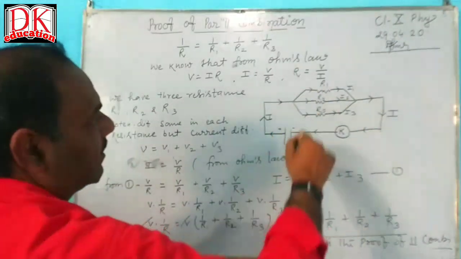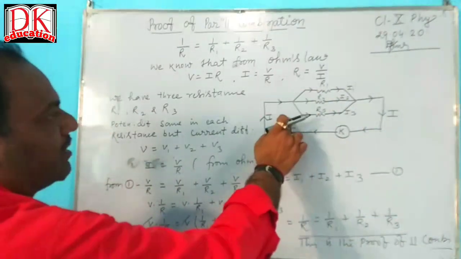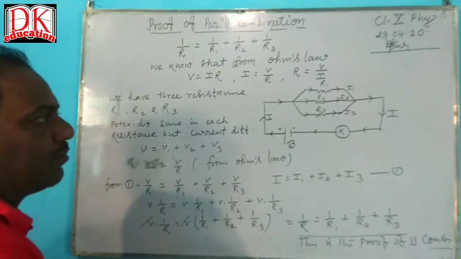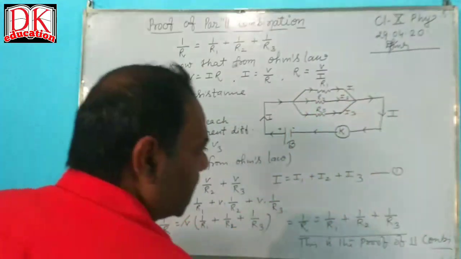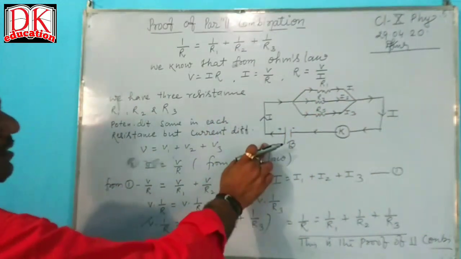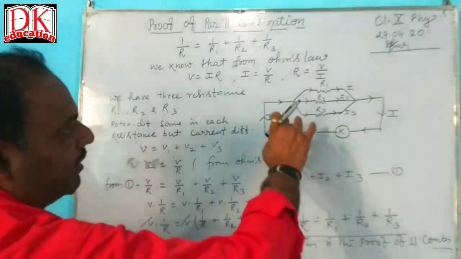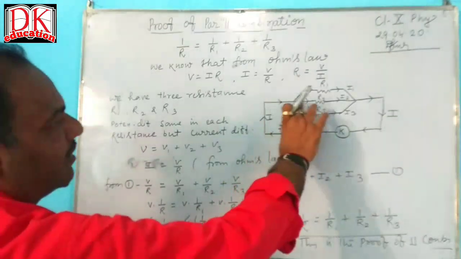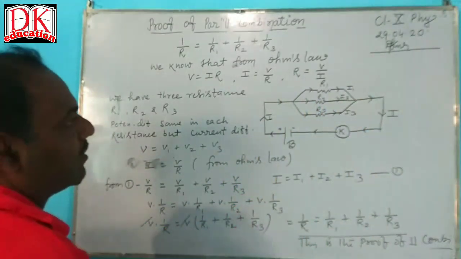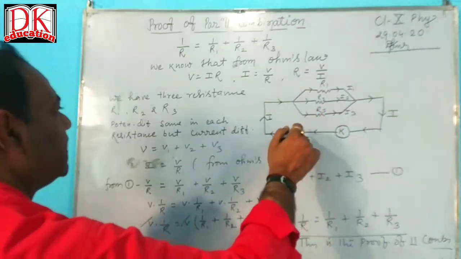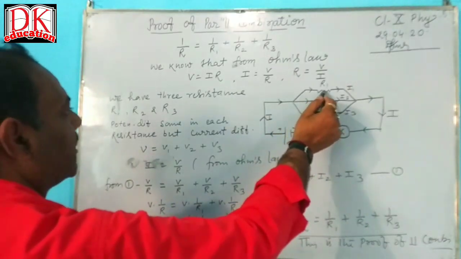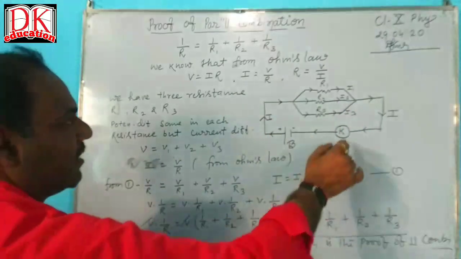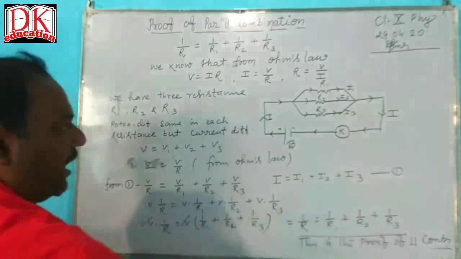In this combination, the potential difference is the same in all the equipment connected in the circuit. The potential difference is not distributed, but only the current is distributed as I1, I2 and I3.